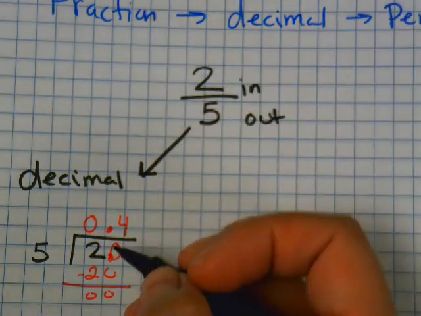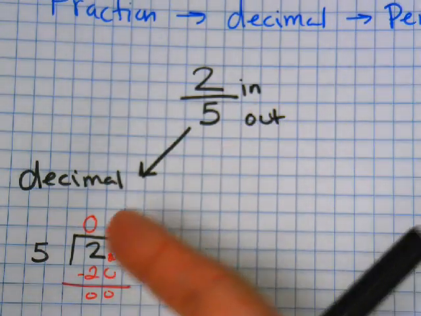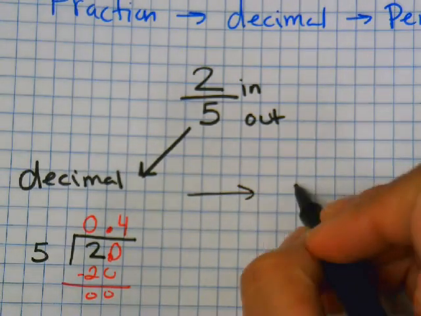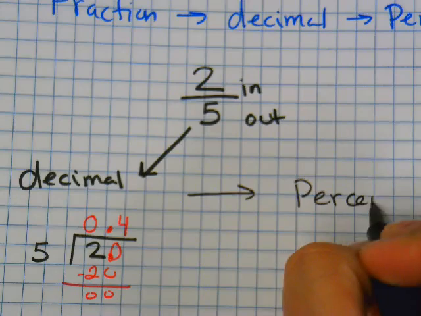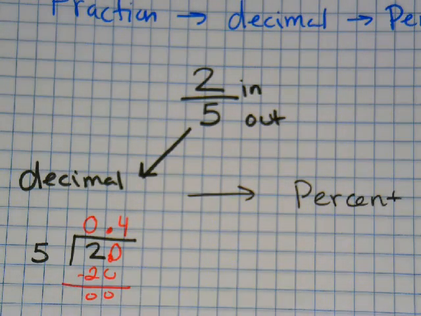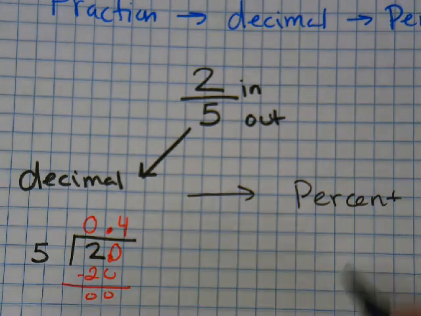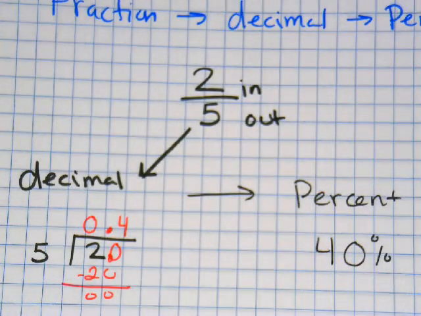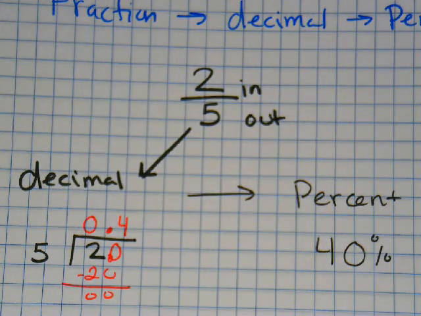So how do I change this decimal into a percent? What would be the equivalent of 0.4 as a percent? 40%. How did you get 40%? Because it's in the 10th place?